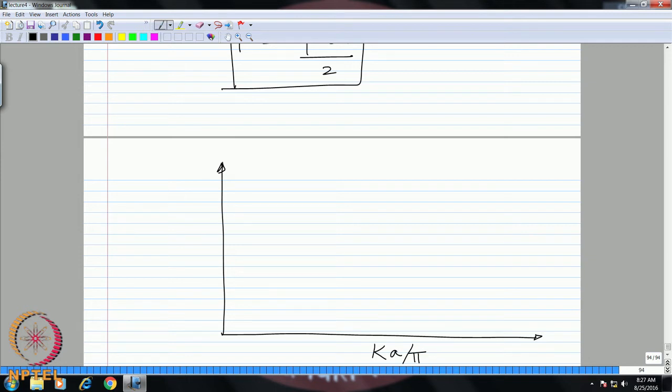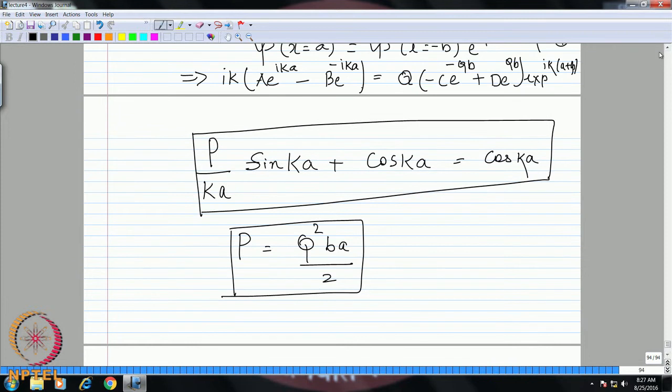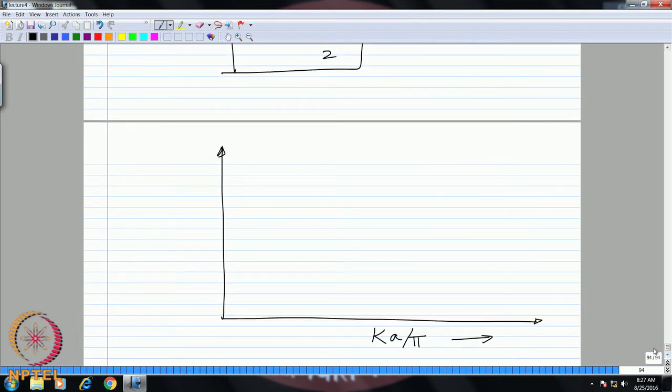I am non-dimensionalizing the wave number as KA by pi on the x axis, and I am plotting this entire function on the y axis to find out the roots of this equation. So, on the y axis I have (P/kA) sin kA plus cos kA.